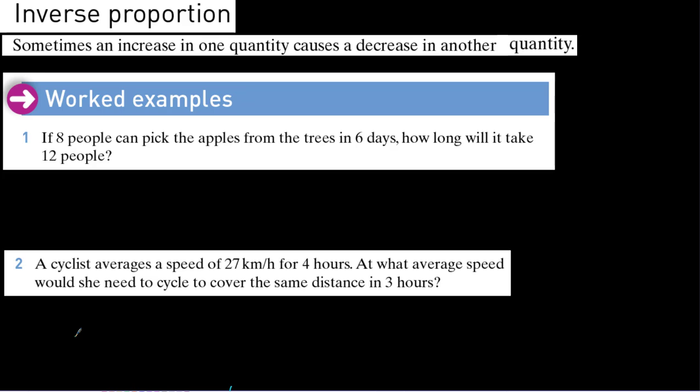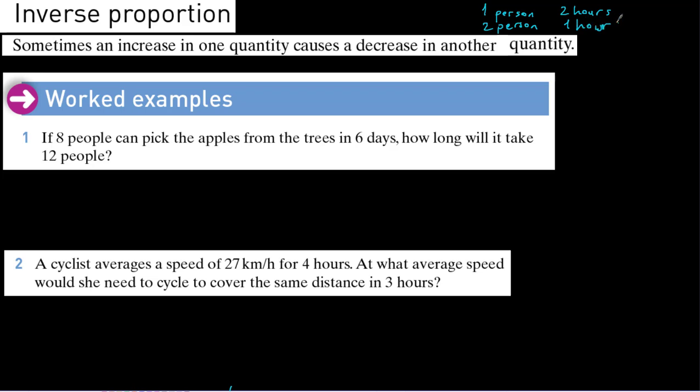Sometimes an increase in one quantity causes a decrease in another quantity. This is called inverse proportion. How might it be? I'm giving an example. If one person finishes a job in 2 hours, then 2 people working together can finish the same job in 1 hour.